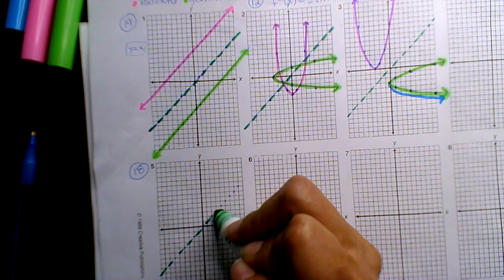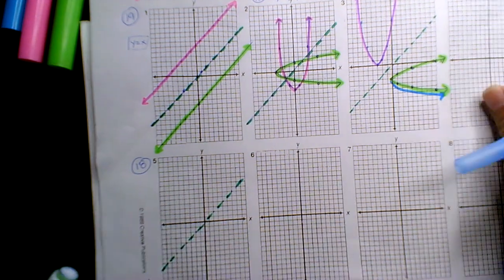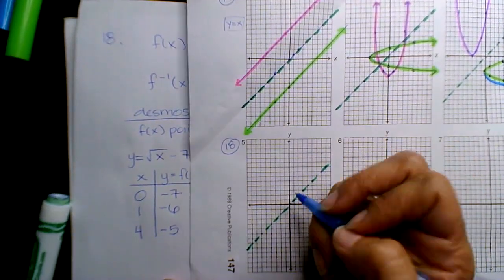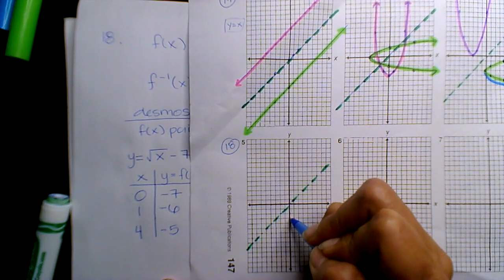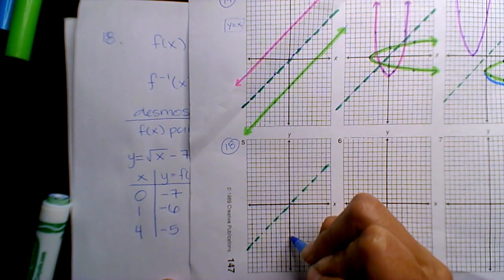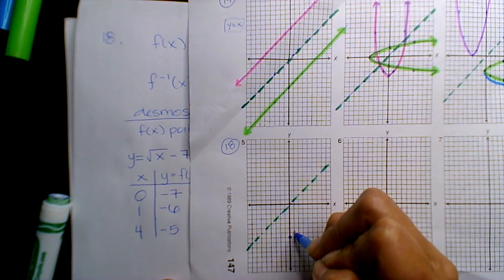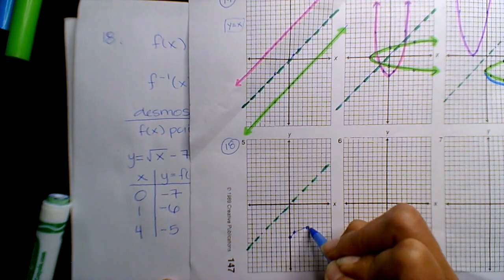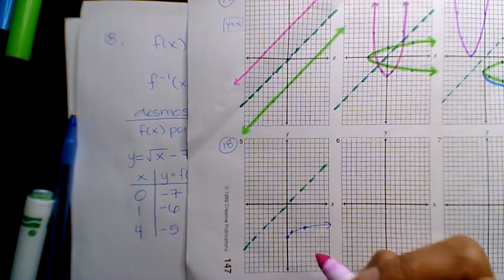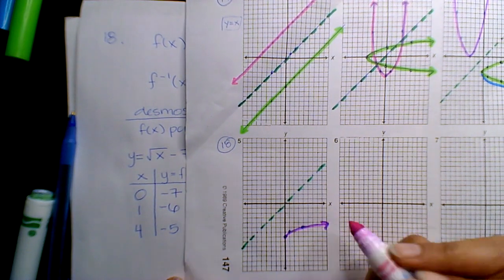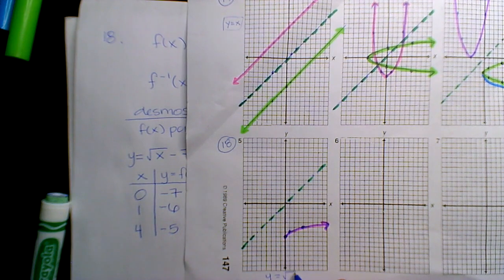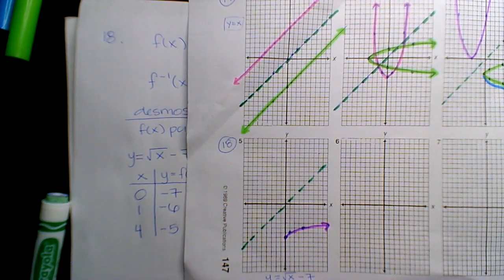I'm doing pink. So (0, -7), (1, -6), (4, -5). This is my original function, y equals the square root of x minus 7.